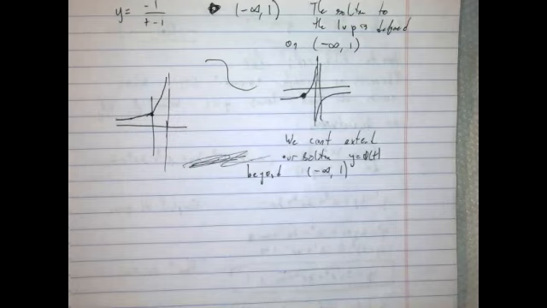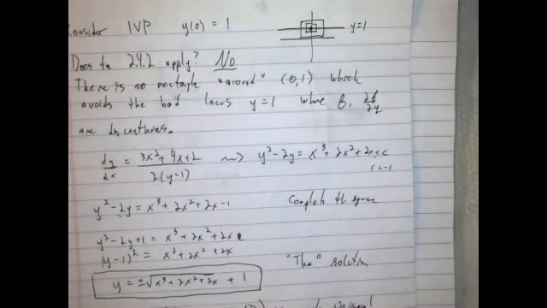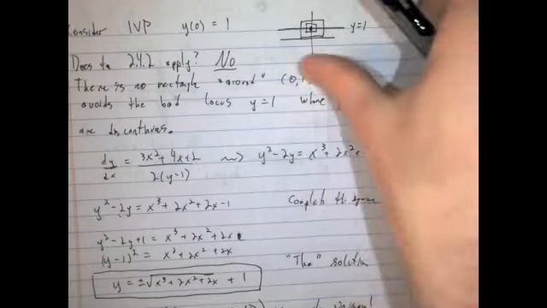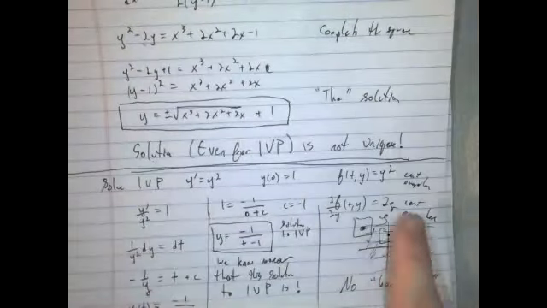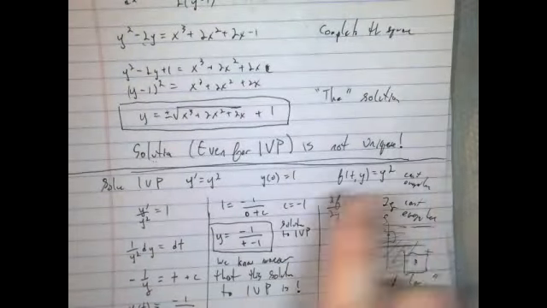One could hope, by looking at f and the partial derivative of f with respect to y, that we could extend the solution everywhere, but we simply can't. This solution is only defined locally around this point. You can't extend it past 1.